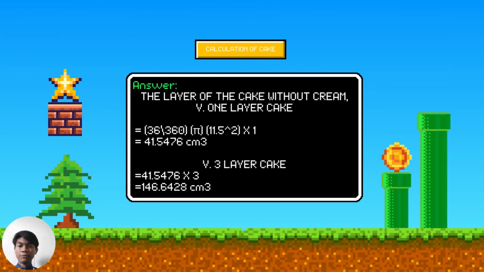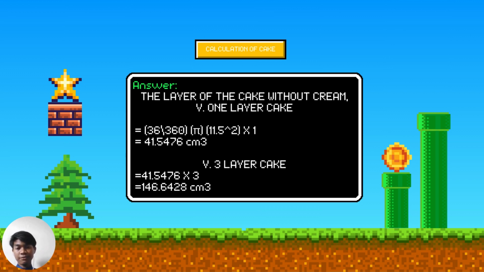In addition, we also have to find the volume of the layers of the cake without the cream. We just substitute into the formula, which is 336 over 360 times pi times 11.5 square times 1, because the height of a layer of the cake is 1 cm.